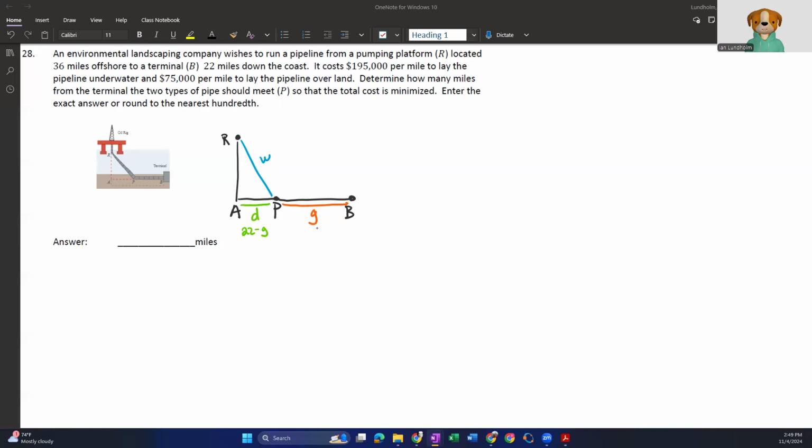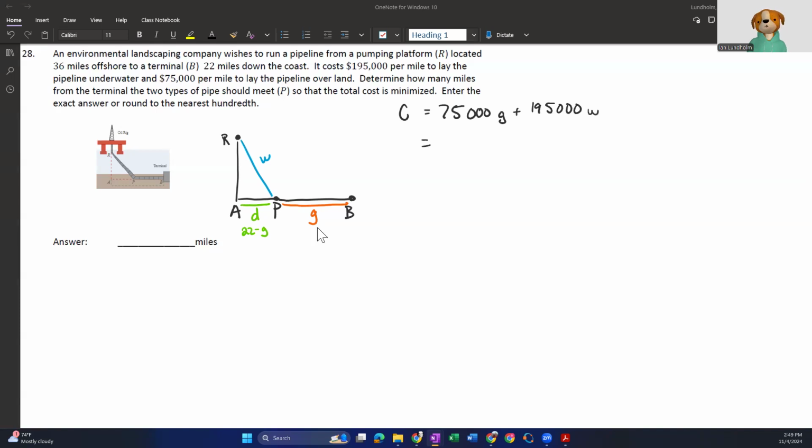Overall, for the cost function, the cost of the total project would be the amount of time that you spend underground times 75,000 plus the 195,000 times the amount of time that you spend underwater.